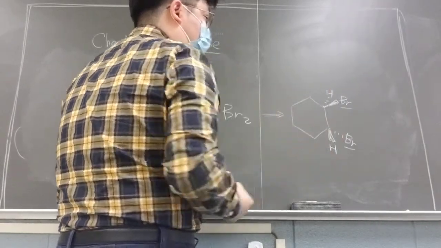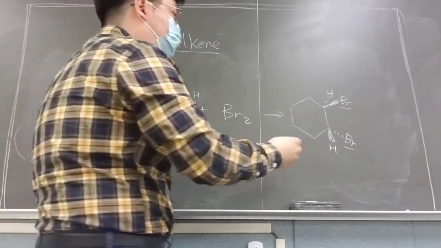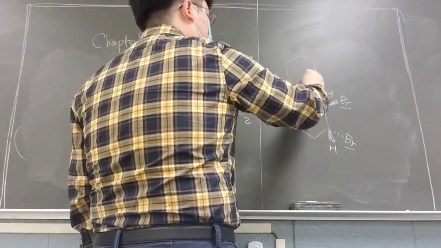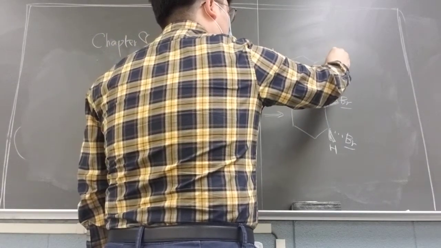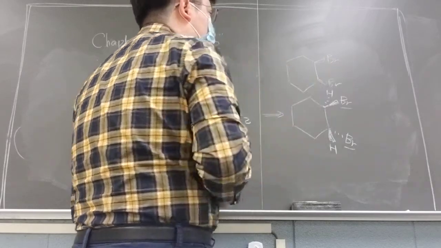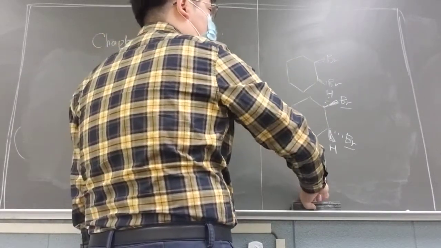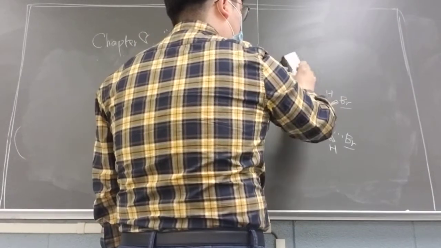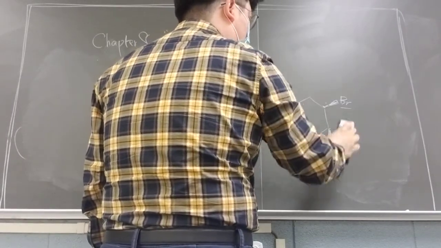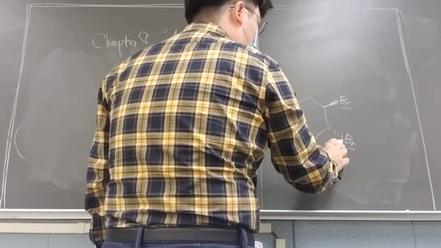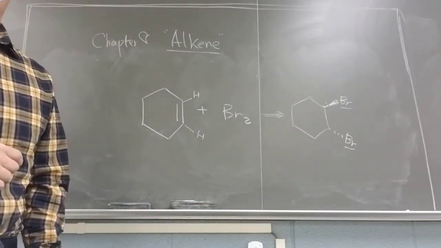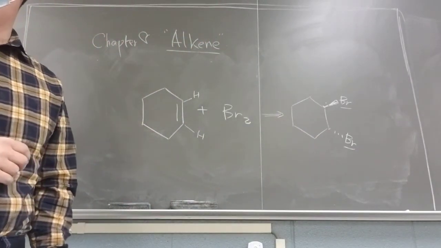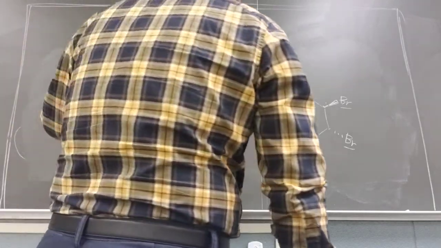This is going back. So if you put the other, this one will be the wrong answer, okay? Because this has to be the anti answer. So normally we don't show the what? Hydrogen on the paper, right? So this might make sense, right? Okay. All right. So let's move on.